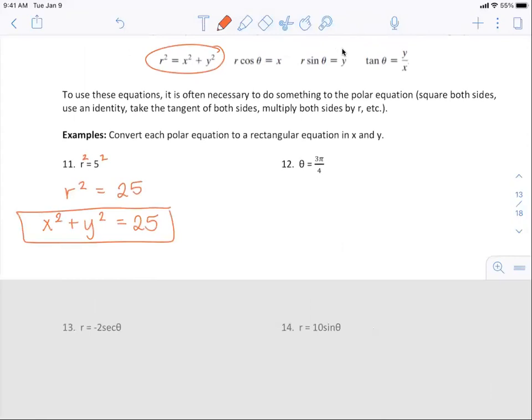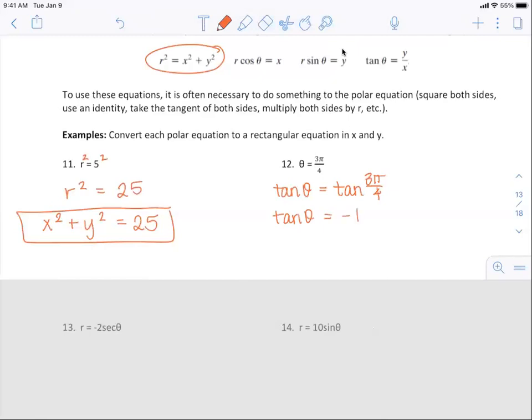For number 12, I have the value of theta. Okay, so I need to get this in terms of x and y. So the easiest way to do that is to take the tangent of both sides. Tangent of theta equals the tangent of 3 pi fourths. Okay, so the equation that we get is that tangent of theta is equal to -1.